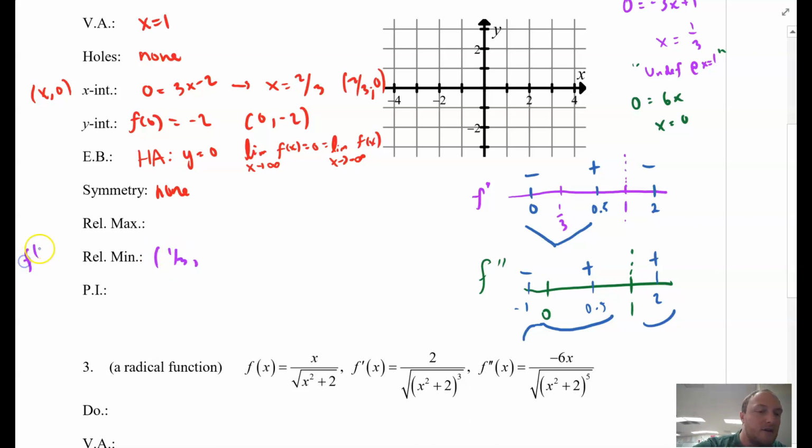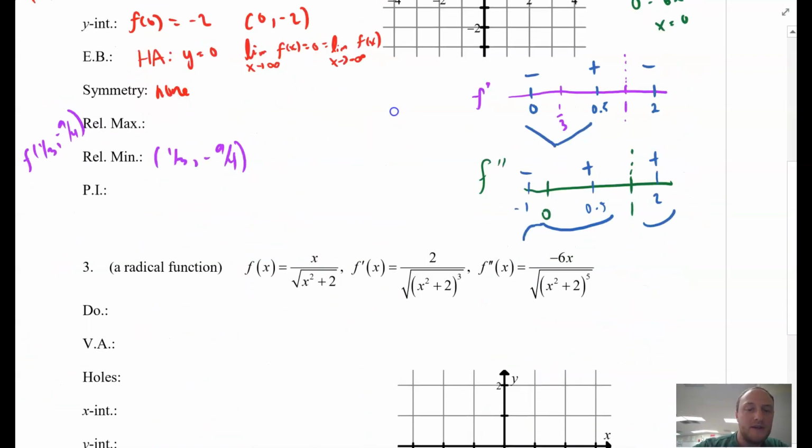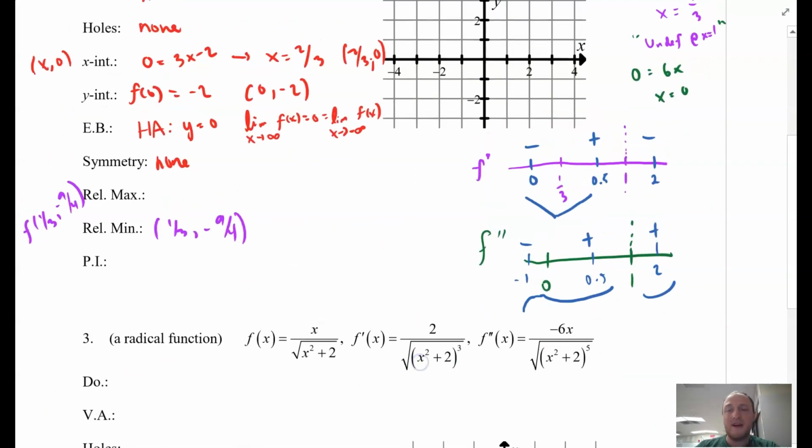I want f of 1/3, and we'll get -9/4. I'm going to plug that into f of x here. Relative maximums, that's when we go from increasing to decreasing, and we don't have any of those, so we'll say none.